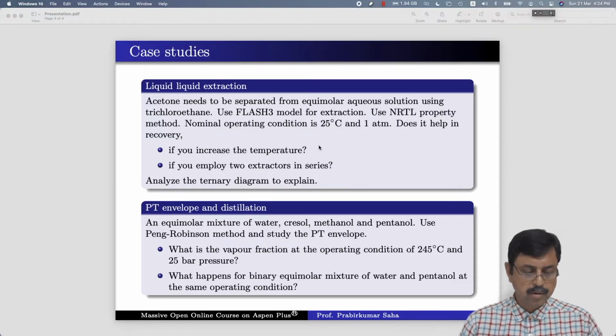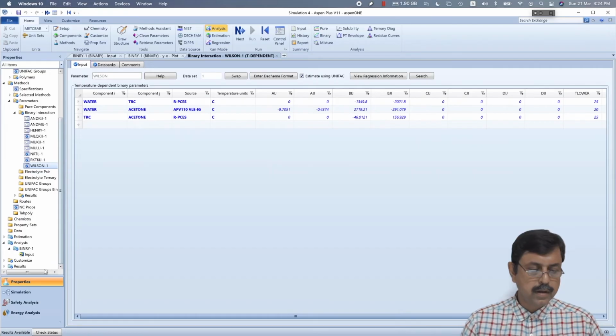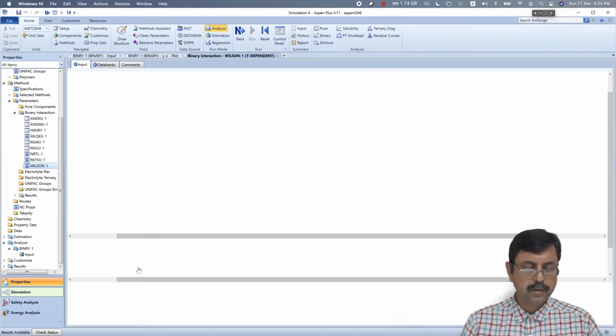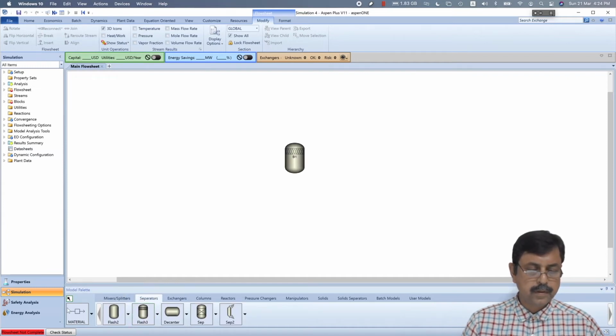So let us go to the simulation window. Bring the flash 3. So add the material first.